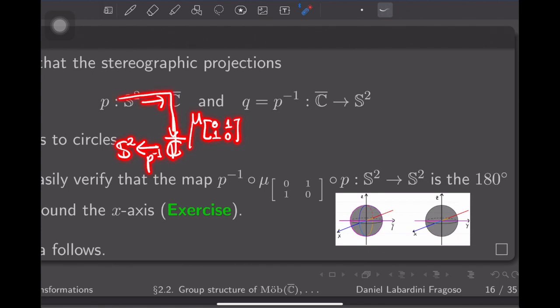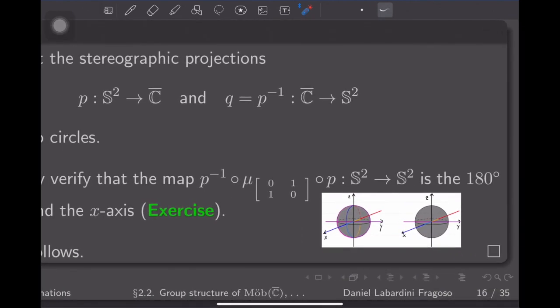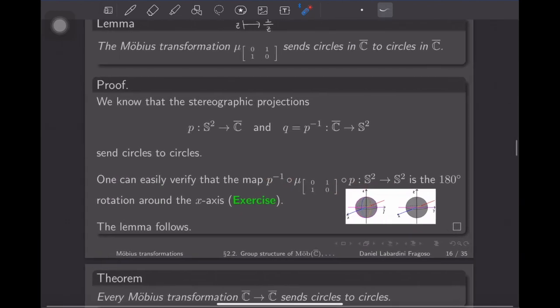This one can see is a rotation of 180 degrees around the x-axis, and being such a rotation, it sends circles in the sphere to circles in the sphere. It's kind of obvious, right? And if you know that, then just compose with P and with P inverse. This one has to send circles to circles because P sends circles to circles.